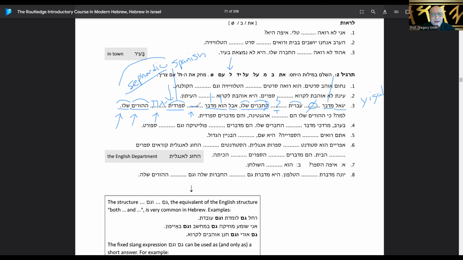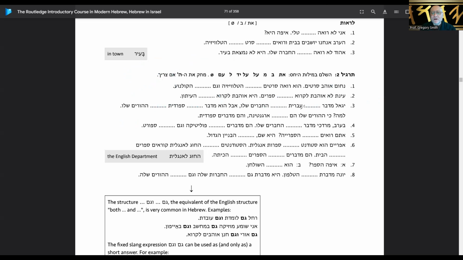I wonder if it's the bet in Basefardit. Let's try that. אבל הוא מדבר בספרדית. Basefardit. Okay, Basefardit. Et Hahorim Shelo.